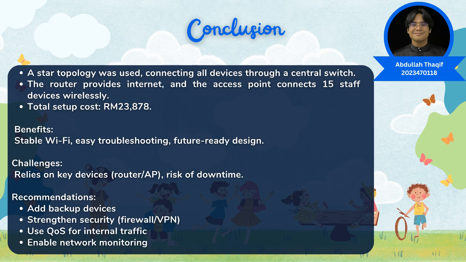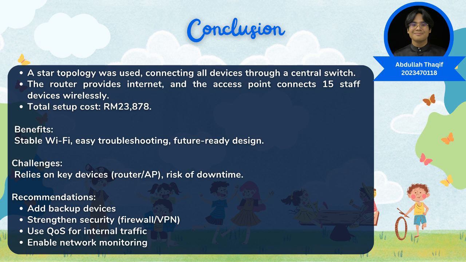In the conclusion, we can conclude that our system has implemented a star topology that connects all devices through a central switch. The router will provide the internet for all the devices, and the access point connects 15 staff devices wirelessly, that is the smartphone and the laptop.